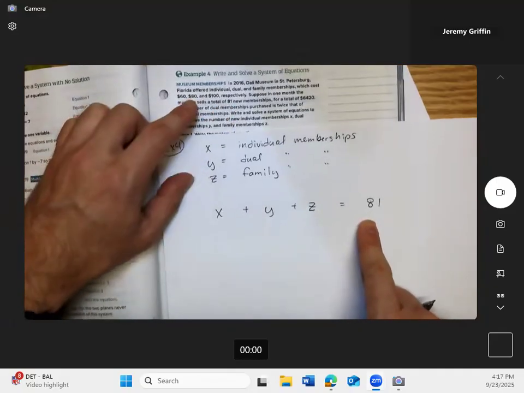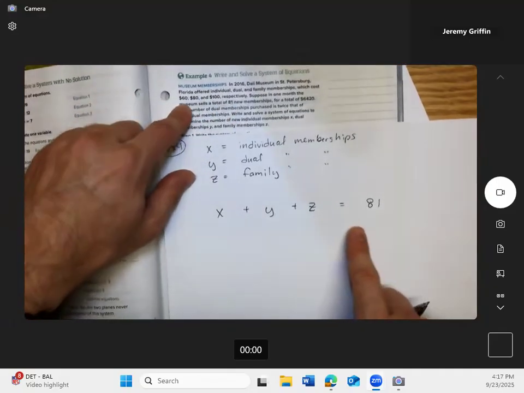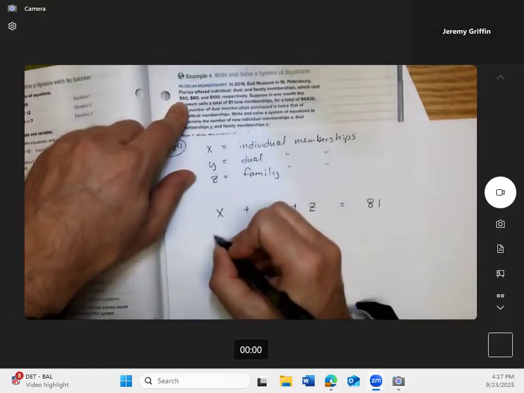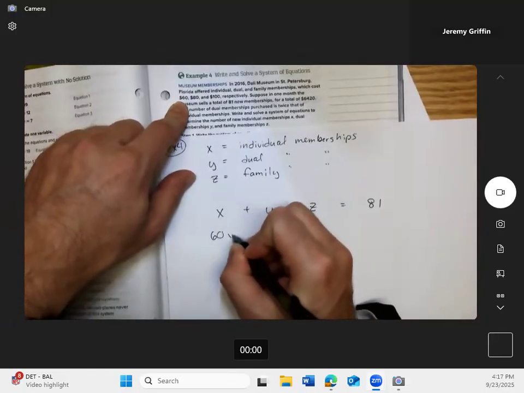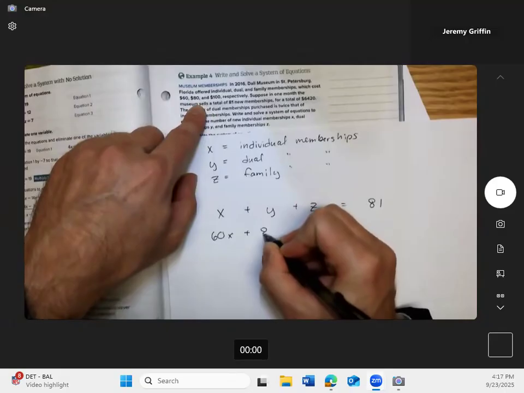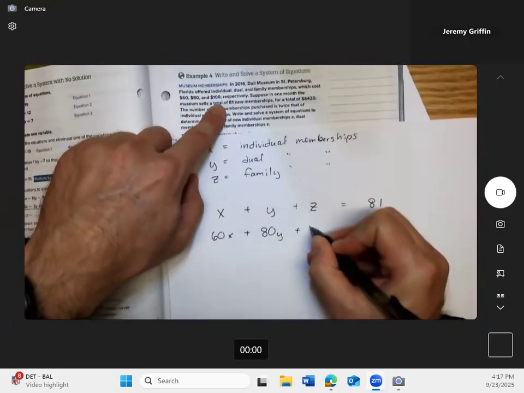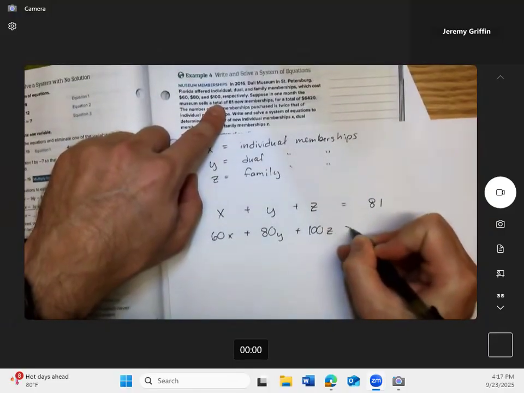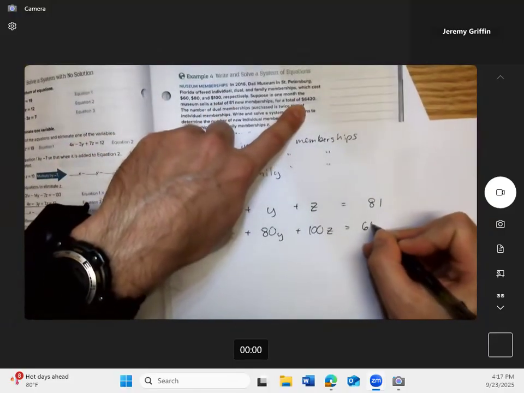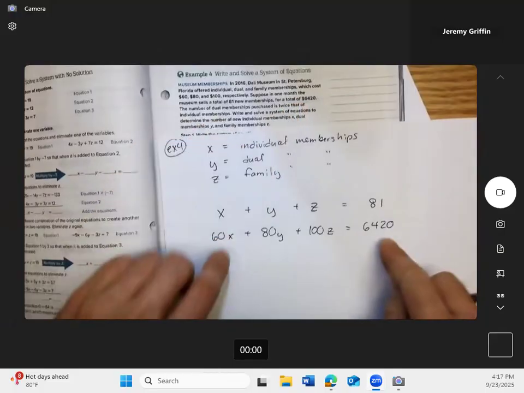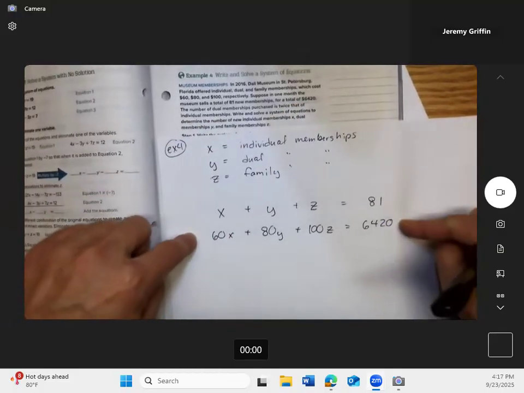I also know this. I know the price values: $60 per individual times the number of individual, plus $80 for dual times the number of dual, plus $100 for family times the number of family. That should come out to $6,420. So this is number of memberships, and this is number of dollars.